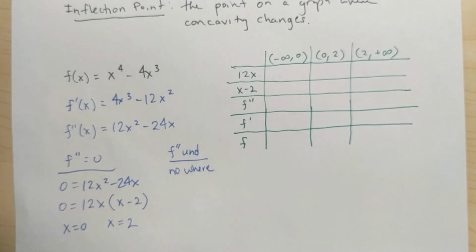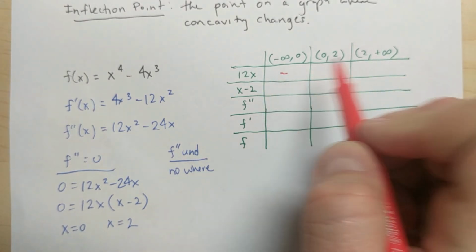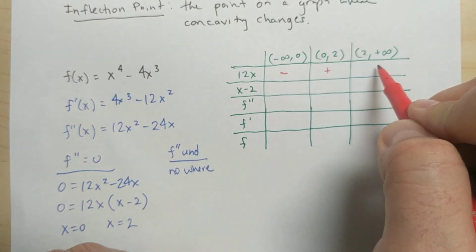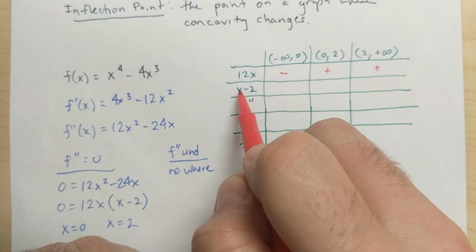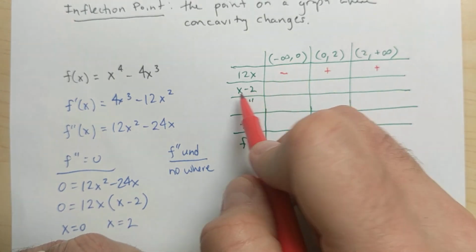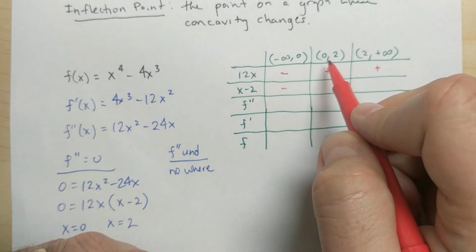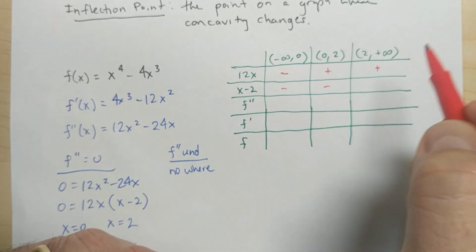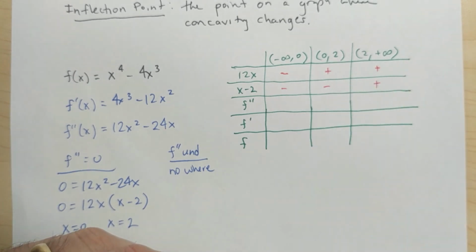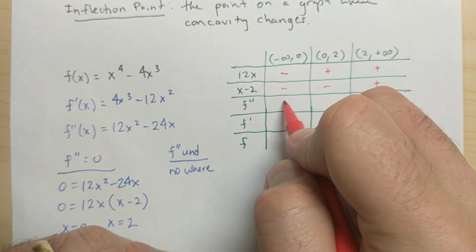All right, so let's do our sign analysis. So 12x, well, in the negatives it is negative, but then over in the positives it remains positive. X minus 2, so like negative 4 minus 2 would be negative, 1 minus 2 would be negative, but then after that it's positive. A negative times a negative is a positive. Negative times a positive is a negative.